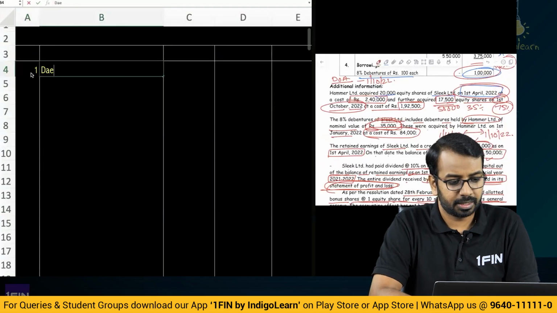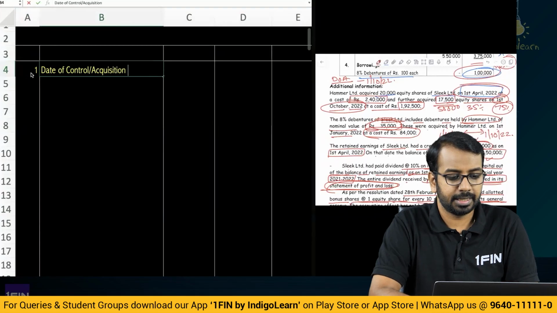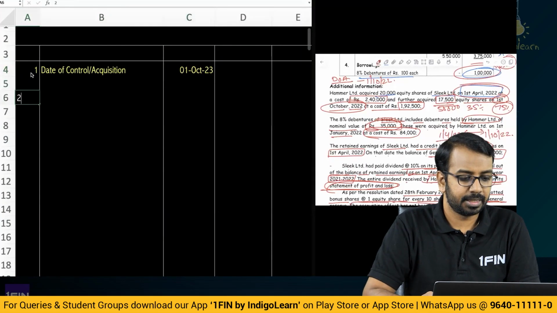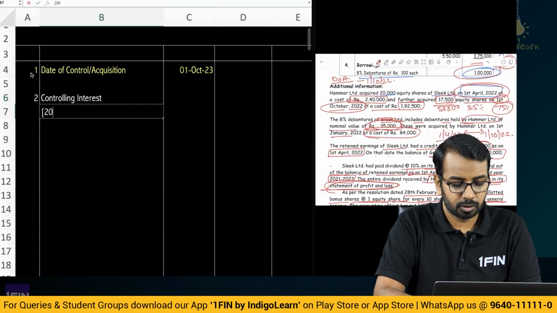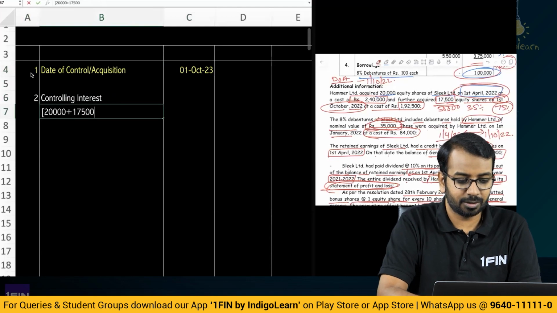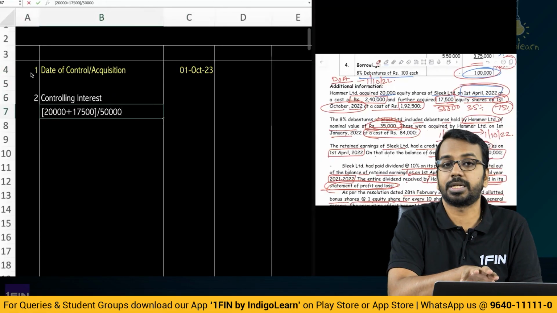So date of control or acquisition is when? 1st of October of 2023, right? Then controlling interest. Controlling interest is how much? They have said 20,000 shares plus 17,500 shares divided by 50,000 shares. Please note, bonus impact has not yet been given, so this is without bonus calculation, okay?